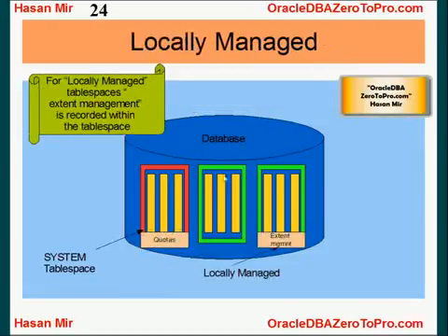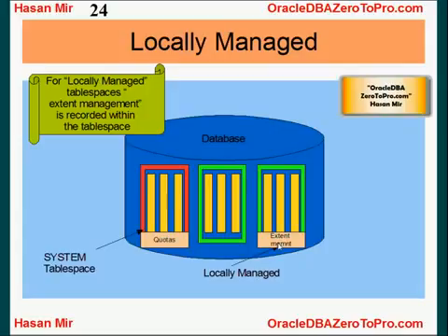On the other hand, we have locally managed table spaces. In locally managed table spaces, all the extent management information resides within the table space as a bitmap, actually a bitmap sitting within the data files. So extent management information is residing within the table space, to be accurate, within the data files.